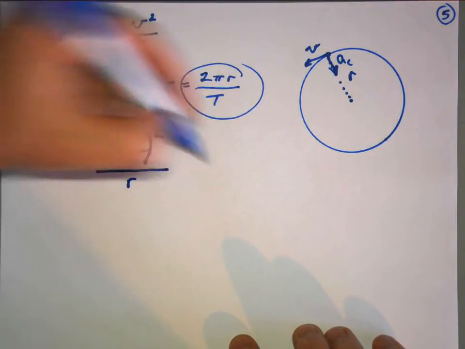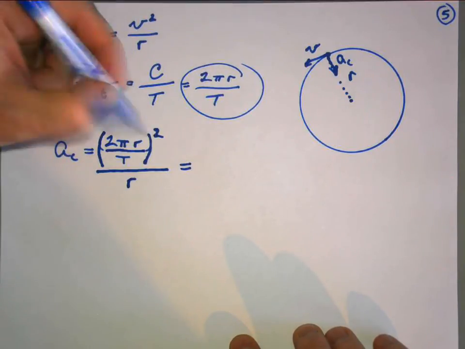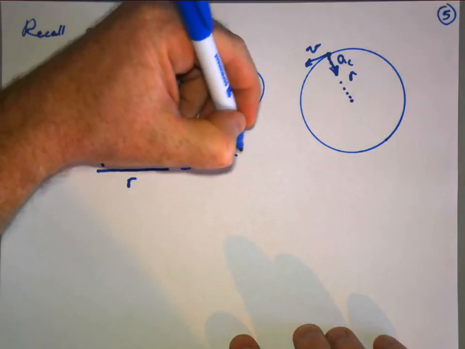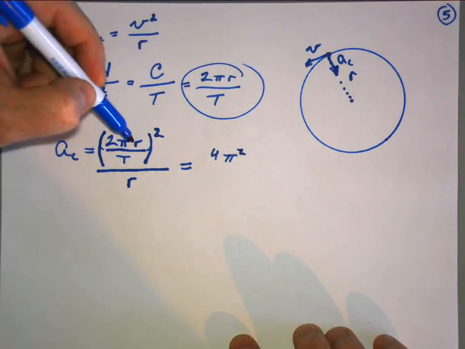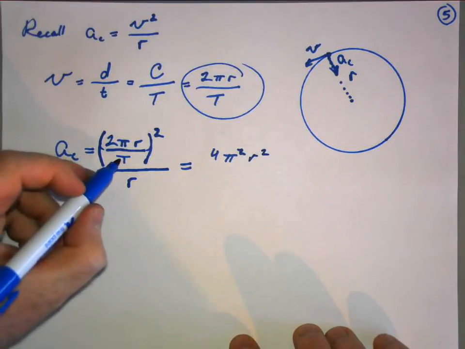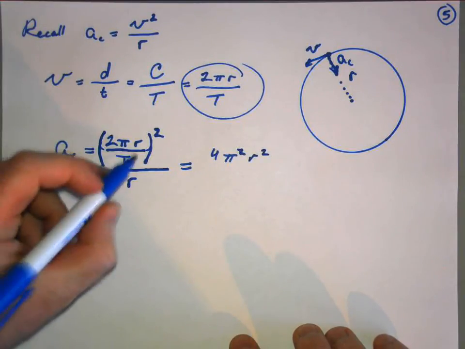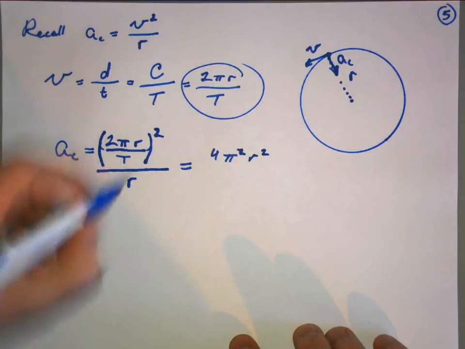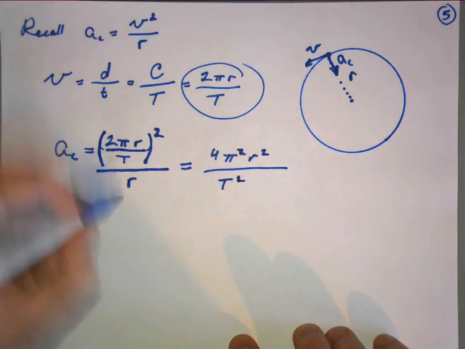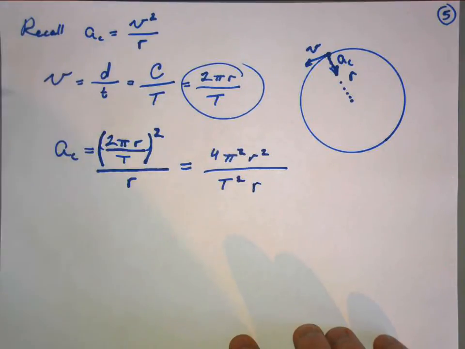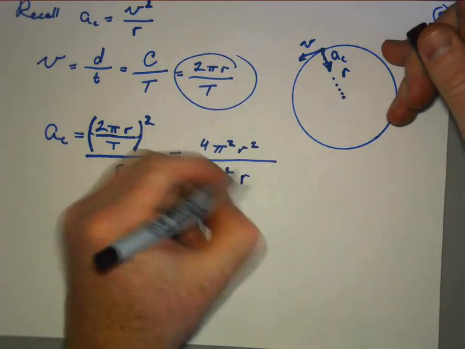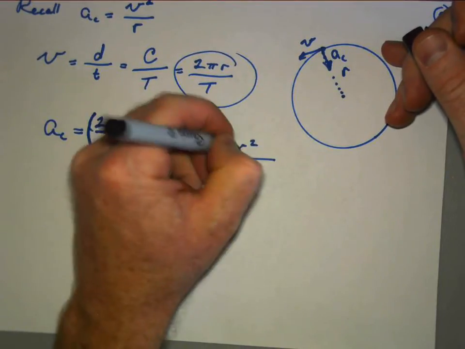So how does this boil down? Well, 2 squared is 4. Pi squared is pi squared. Radius squared is radius squared. Period squared, and notice it's in the denominator, so I'm going to bring that down to the bottom of the fraction. Period squared. And down here I also have a radius. And the interesting thing is this radius will cancel with one of those.